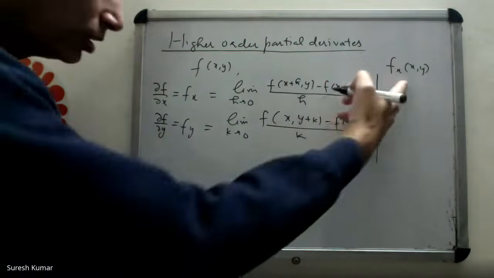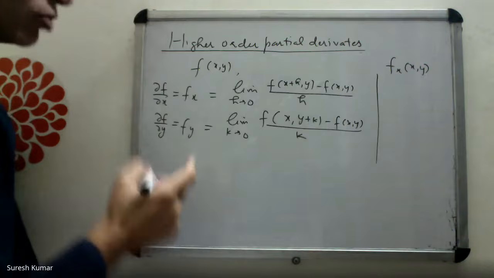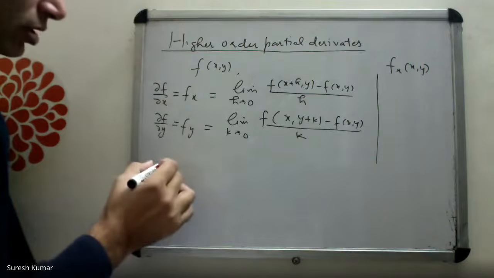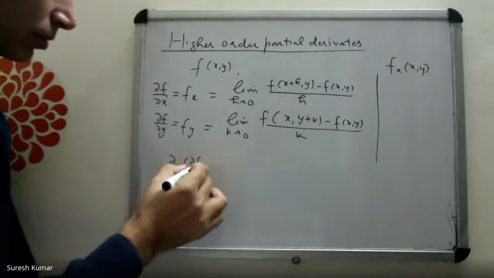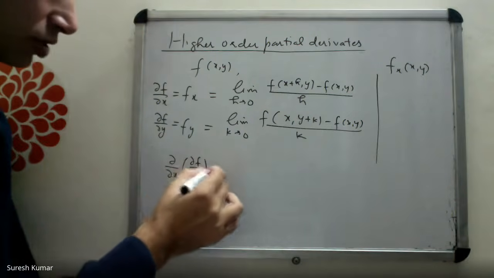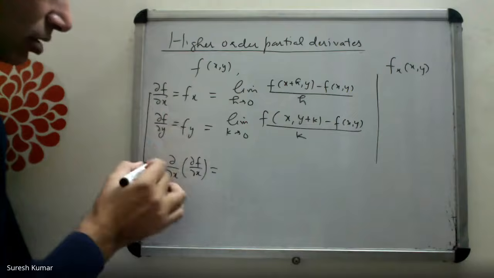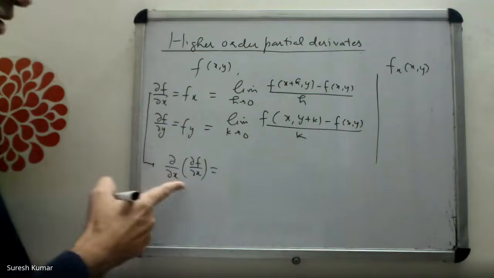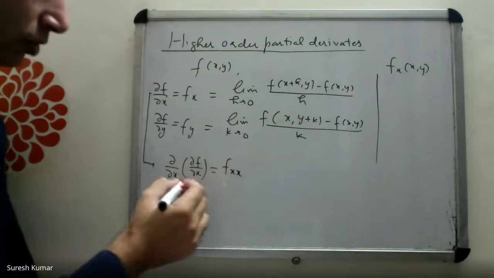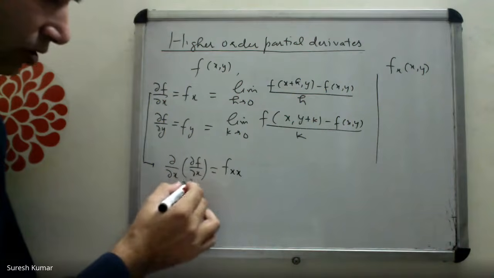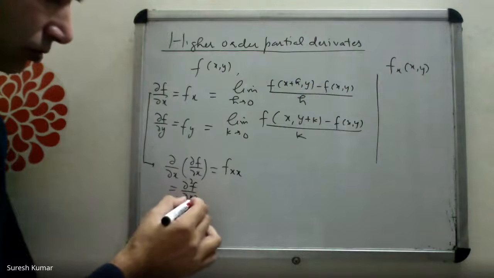So if we differentiate further with respect to x, let's say, how do we denote it? We denote it by this notation. I'm differentiating this expression. This notation, or f double x notation, and this also can be written as del 2 f over del x squared. All are okay.